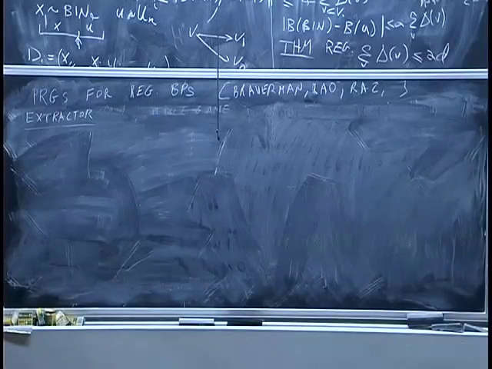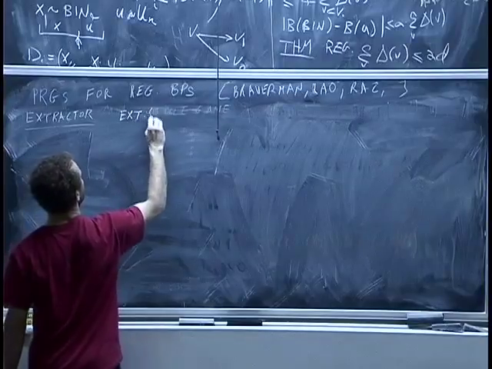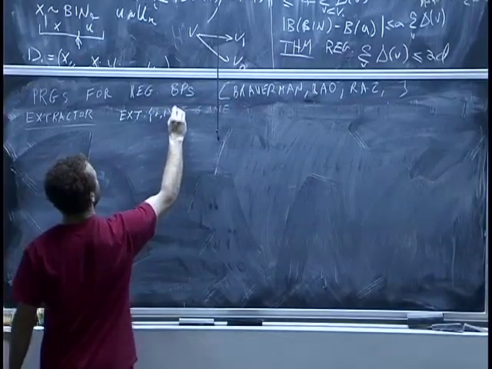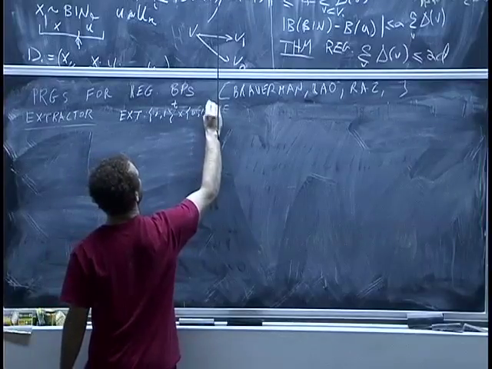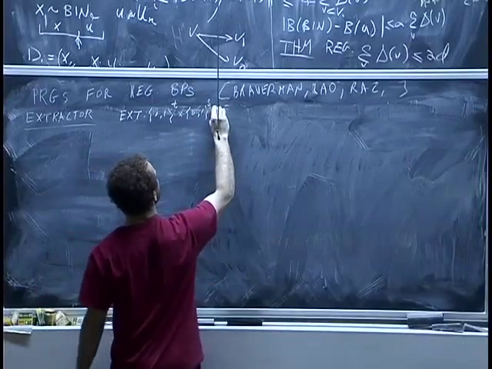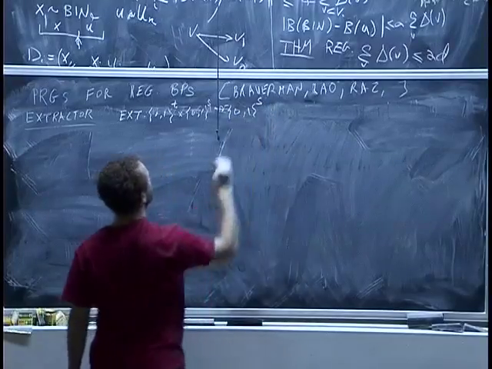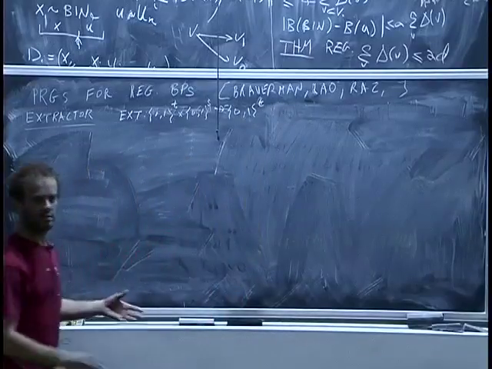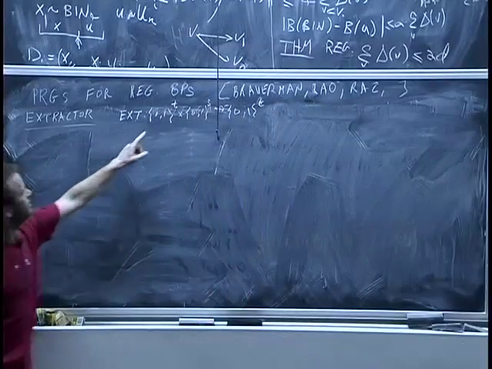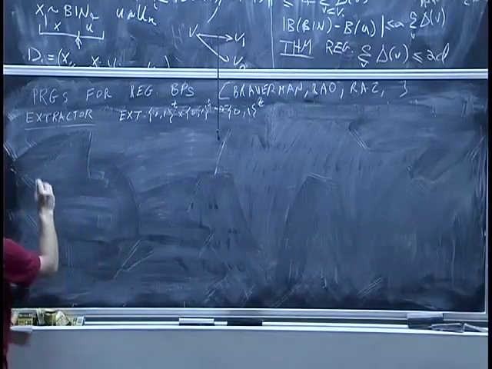An extractor will be a function that gets two inputs, one of size t and one of size s, and outputs again t bits, so t and t is the same, and it will have the following property.